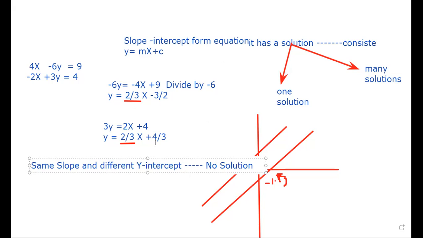If the slopes are the same and the y-intercepts are the same, if they are copy-paste, then we have an infinite number of solutions. Different slope, different y-intercept, it will be intersecting, and we have only one solution.